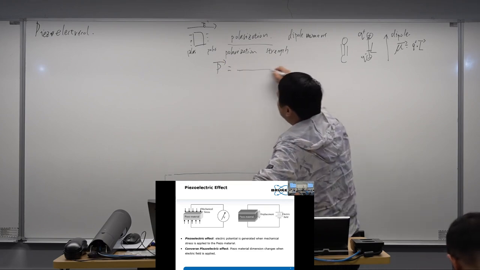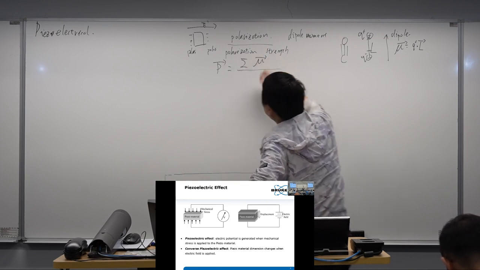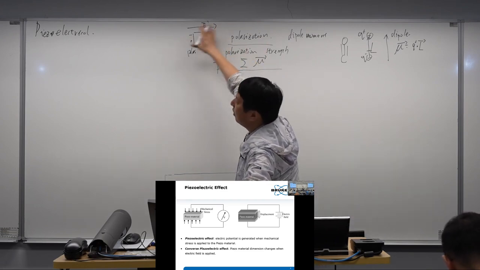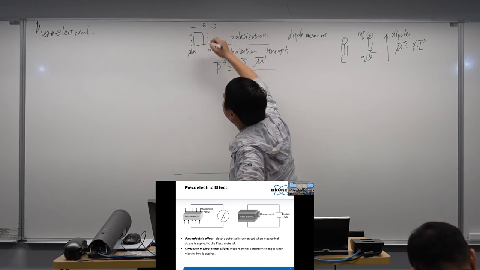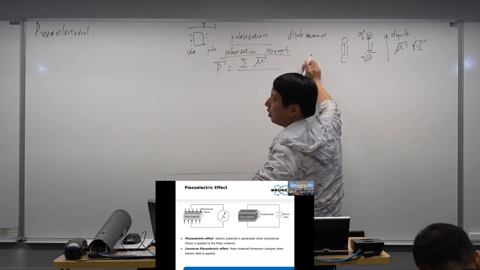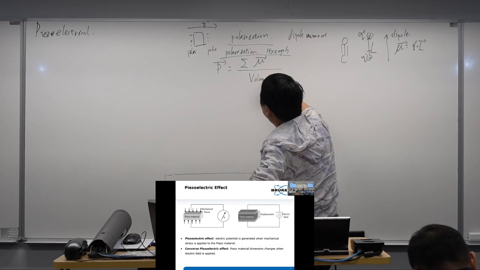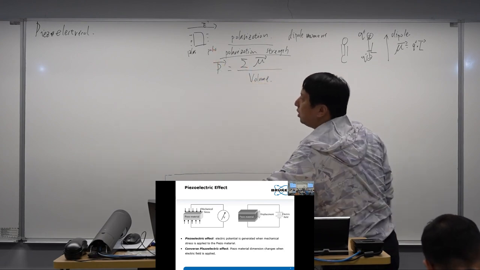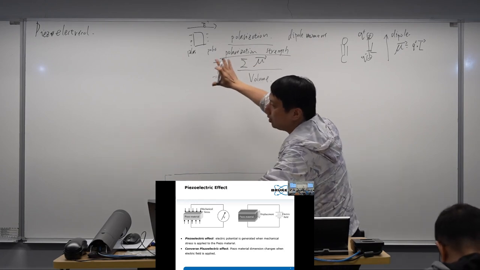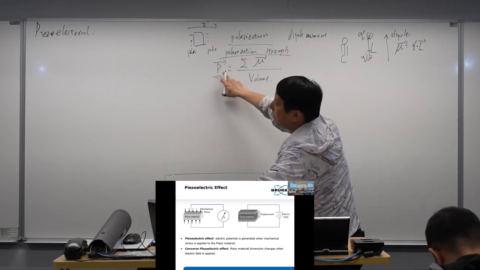It is the sum of all dipole moments inside this solid, and then we want to define it as a strength, so we divide it by the volume of the whole material. This defines how the material is polarized.